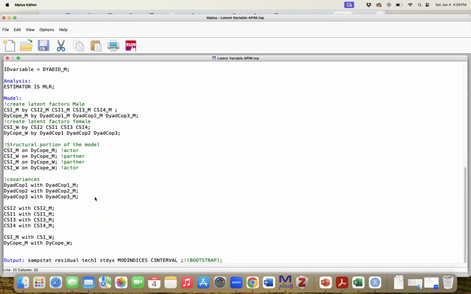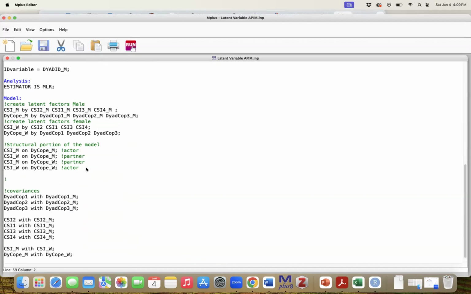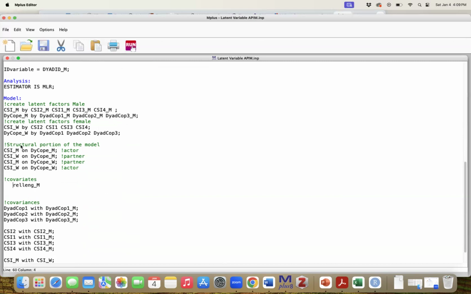So what we're going to do in integrating that is I actually create a separate section. I do covariates, and we'll put our relationship length variable there. We'll have CSI for men, and we'll have CSI for women. We'll have our on statements, and then we will enter a semicolon.